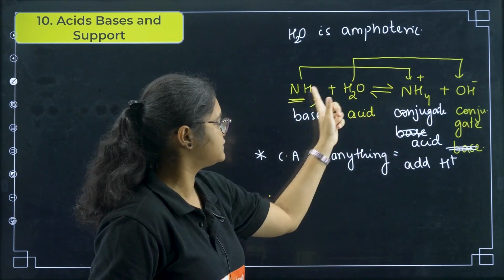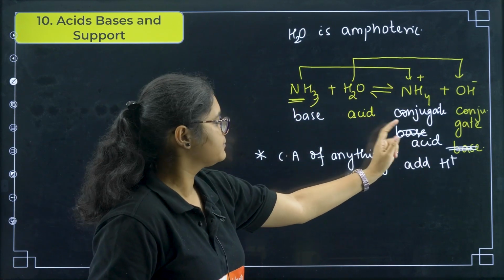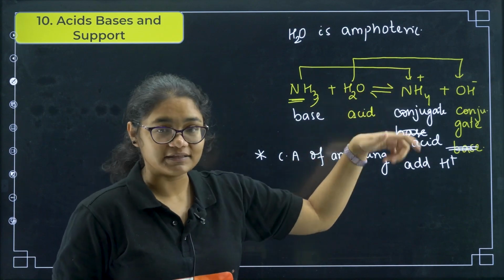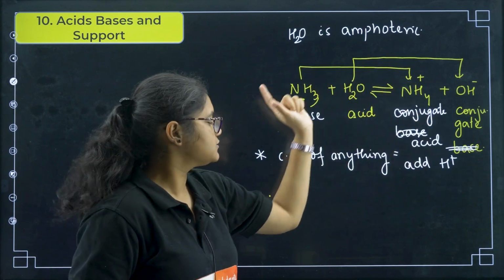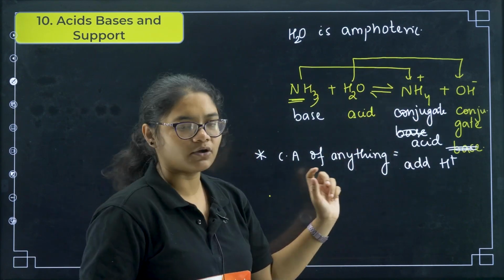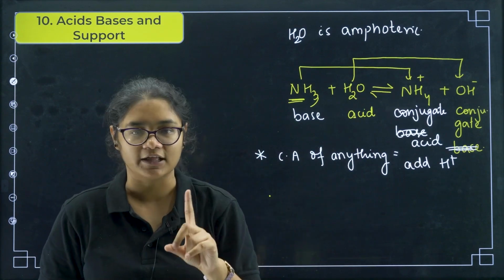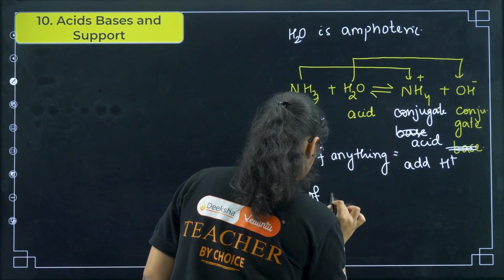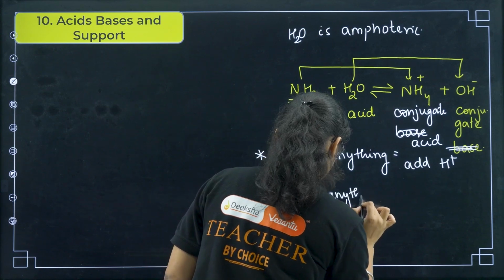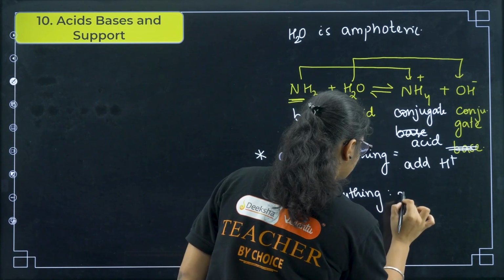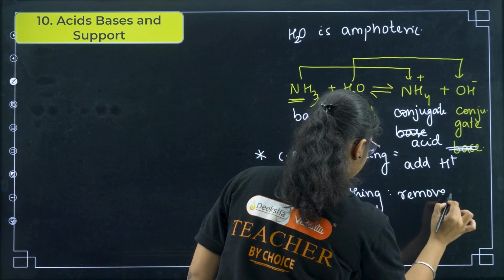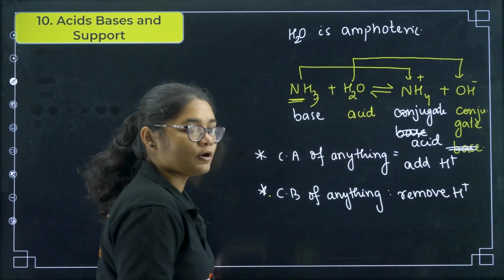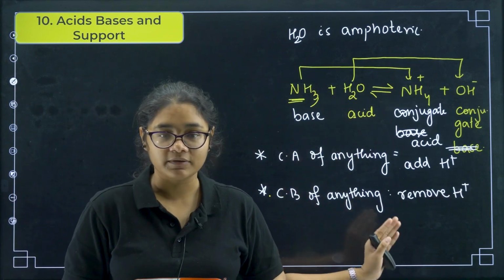You can see the difference here between the base and the conjugate acid is just one H plus. You have added one H plus. So whenever you have to find the conjugate acid of any substance, you just add one H plus. And if you want to find the conjugate base of anything, what you have to do? Remove H plus. This is very, very important. Please remember, questions are asked from here.